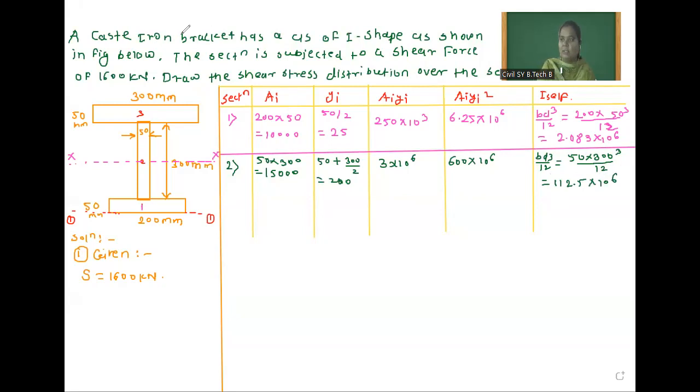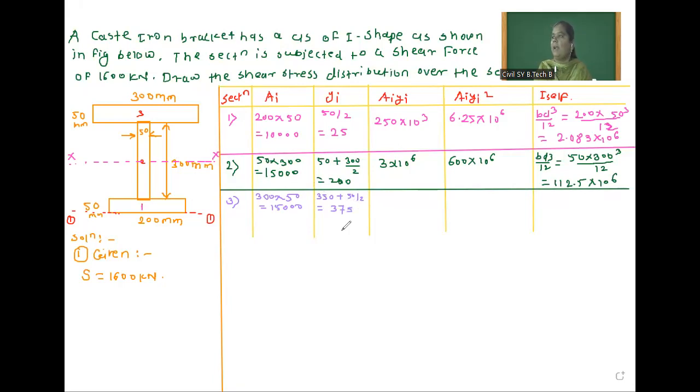We will move towards section 3rd. So this is our section 3rd. Area for section 3rd is 300 into 50, so 15,000. After that, y bar. From this base, 50 plus 300, that is 350, plus 50 by 2, which is equal to 375.